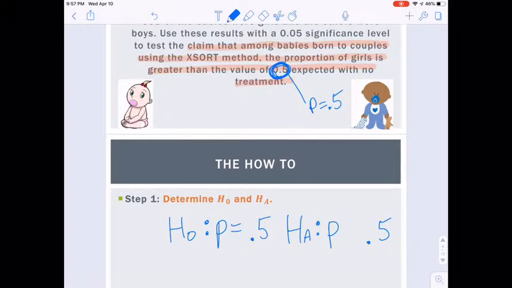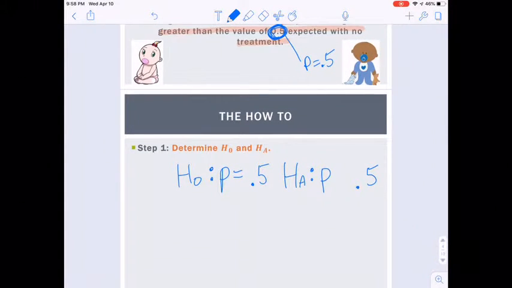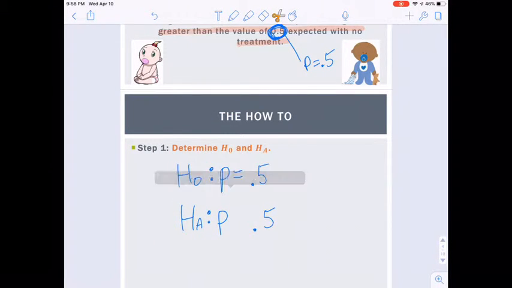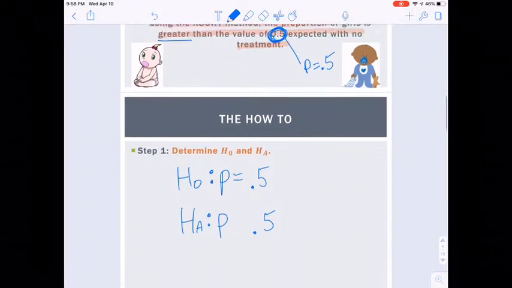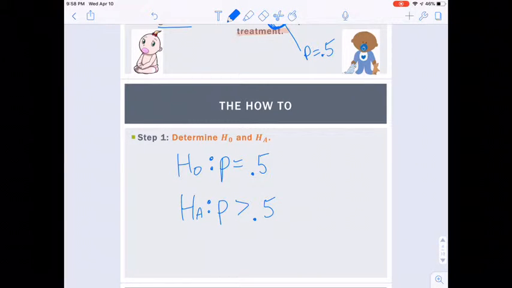Automatically, your null hypothesis is always an equals. Always. So that half of our hypothesis is done. And now what we're really looking at is, all right, what are they talking about? Are they talking about less than, bigger than, not equal to? What are they saying? And they say the proportion of girls is greater than. So that is going to be a greater than symbol.